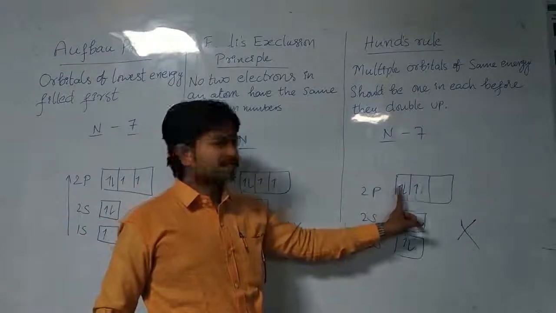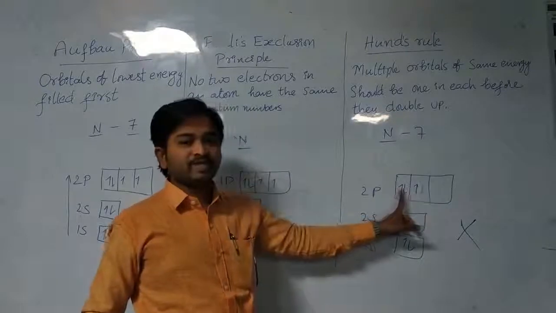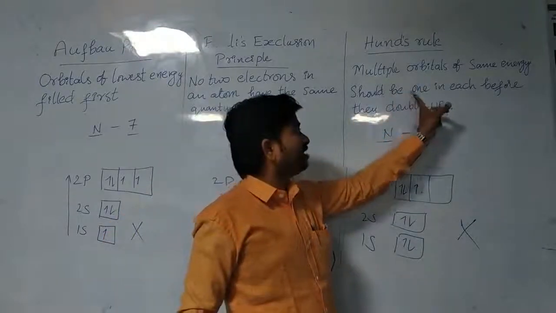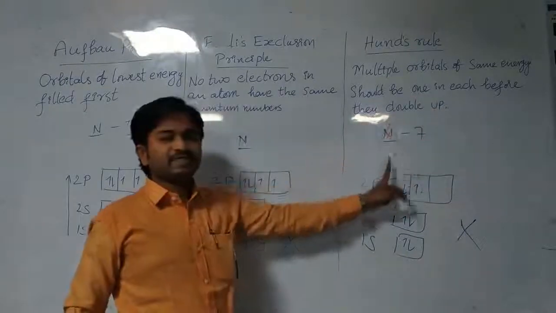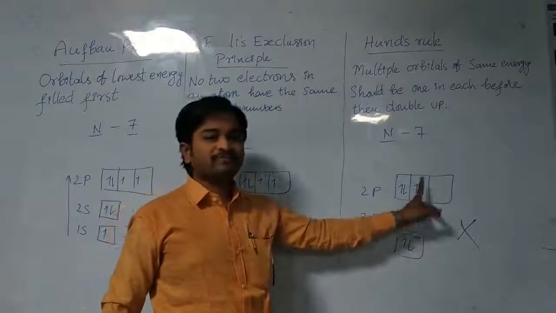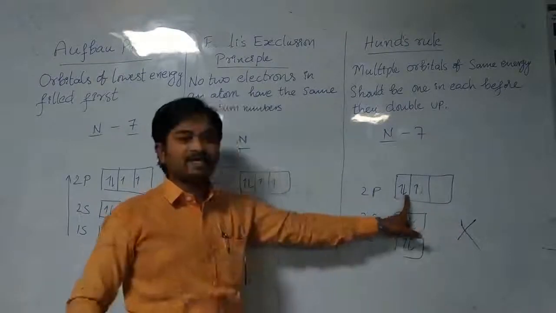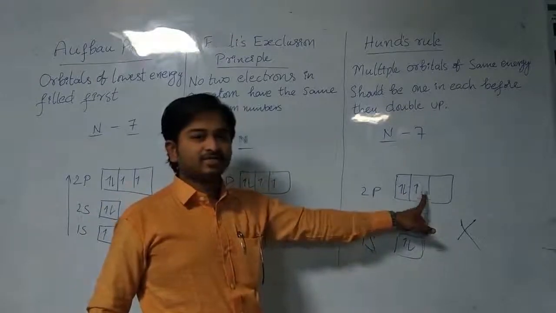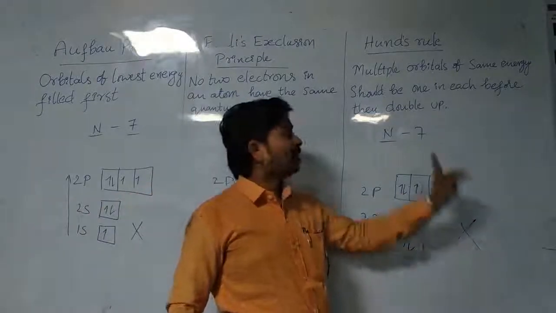In 2p there are 3 orbitals, so they have the same energy. Multiple orbitals of the same energy should get one electron each before they double up. Each orbital should be filled with one first, then only should it get doubled. Here we have not done like this, so it will not obey Hund's rule.